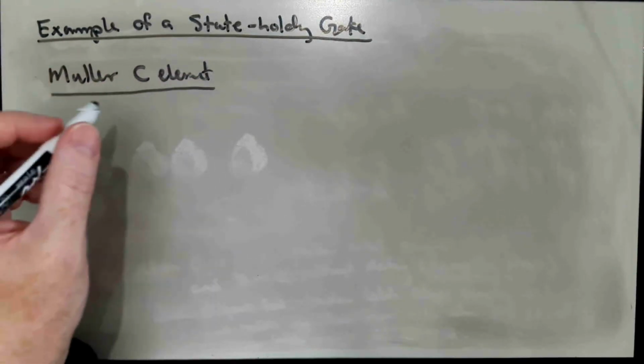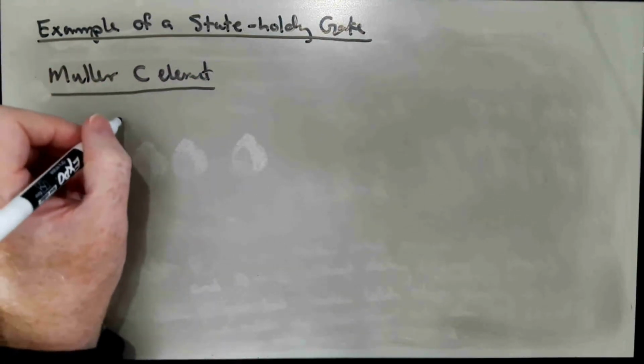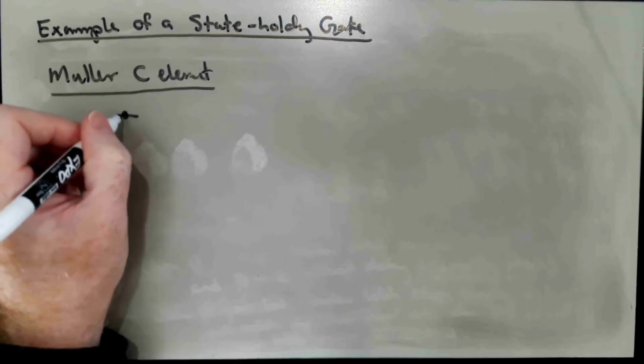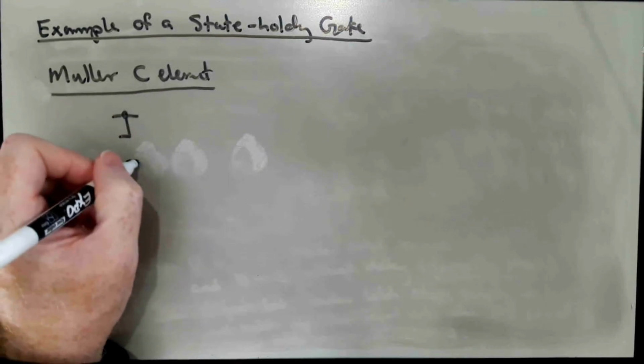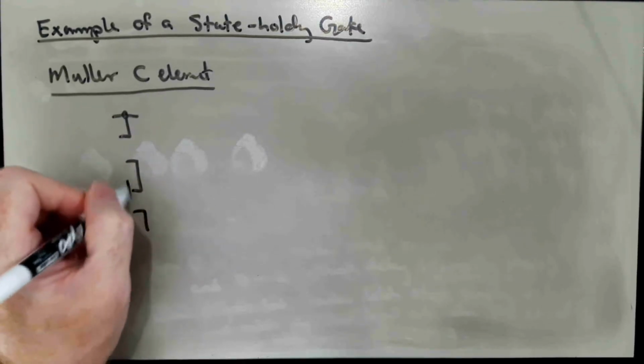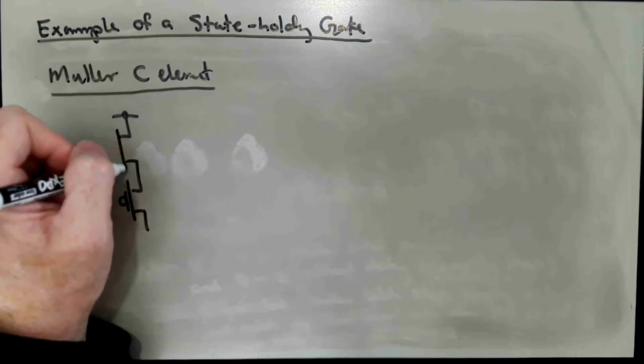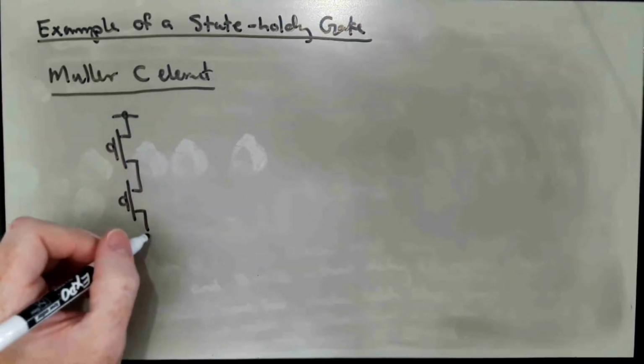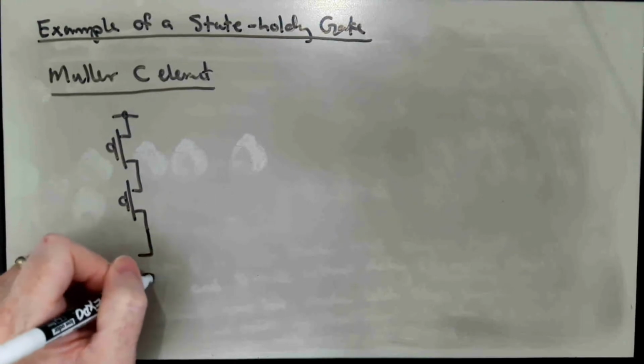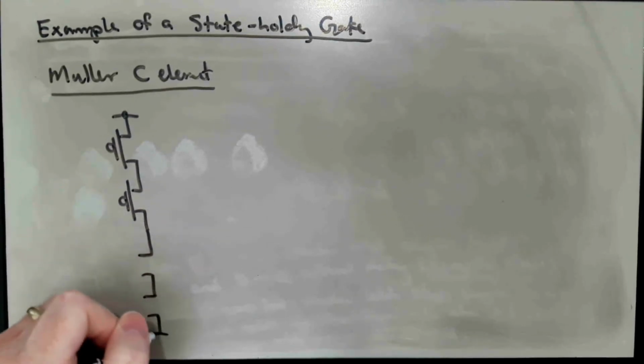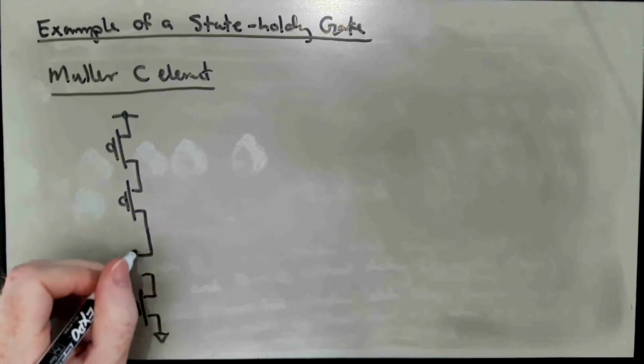Okay, and what we're going to do is have two transistors in the pull-up network and two transistors in the pull-down network, and both pairs of transistors are going to be in series.